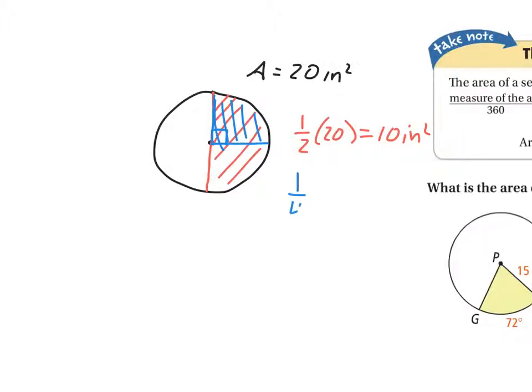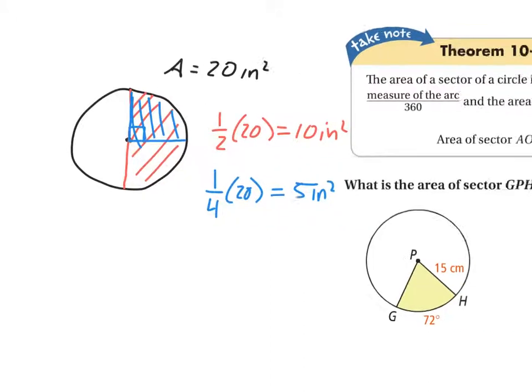Right. 1/4 of 20, which gives us 5 square inches. Why is it 1/4? Just the same reason as it was with arc length. It's 90 over 360, which reduces down to 1/4. Or the one in red was 180 over 360, which reduces down to 1/2. It's the exact same concept as arc length.